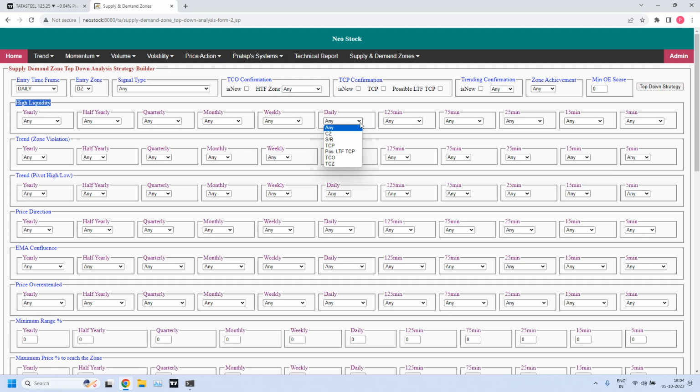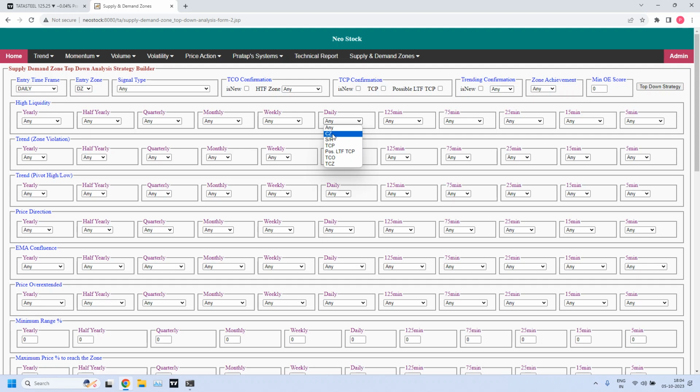So in daily time frame, we have so many high liquidity types. We have a CZ, we have support resistance, we have a TCP, possible LTF TCP, TCO and TCZ. The last two are related to confirmation trading. And I am showing this list as per the priority.